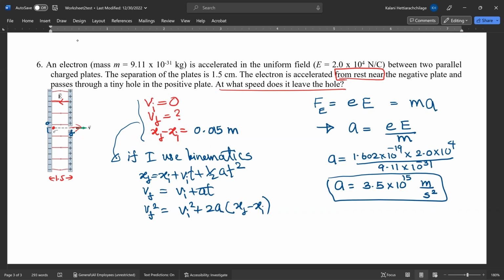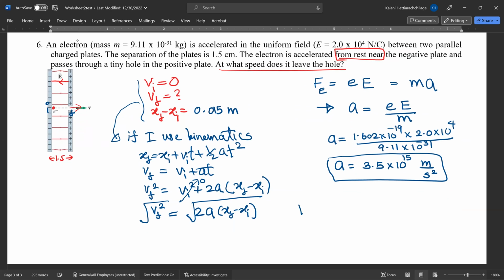So now we can calculate v final. Let's plug in the values first. This is 0, and then we have twice the acceleration, which you already have, times x final minus x initial, which we already have. Okay. Now we need to find v, so take the root on both sides.